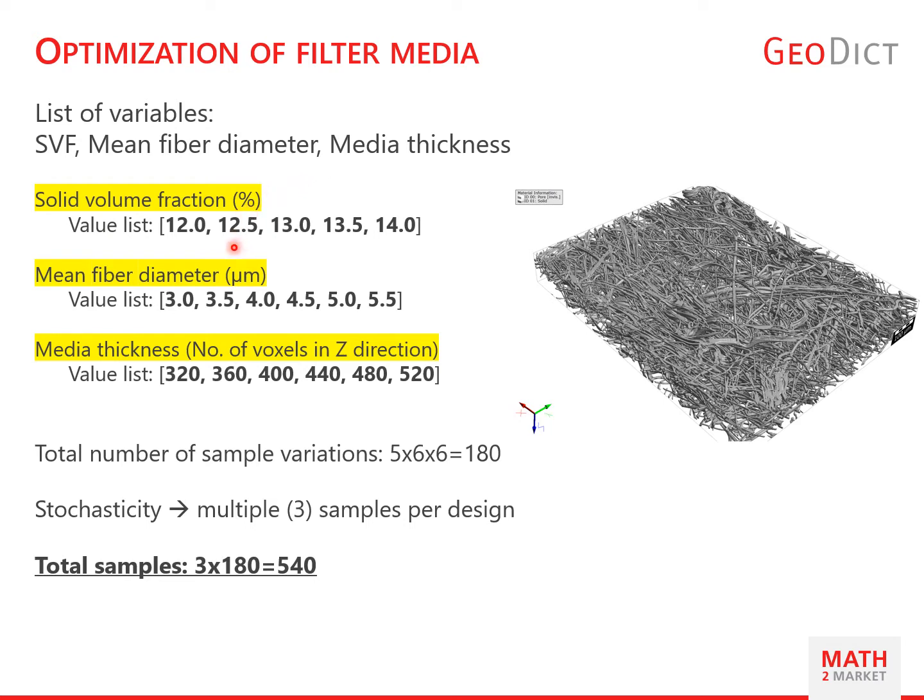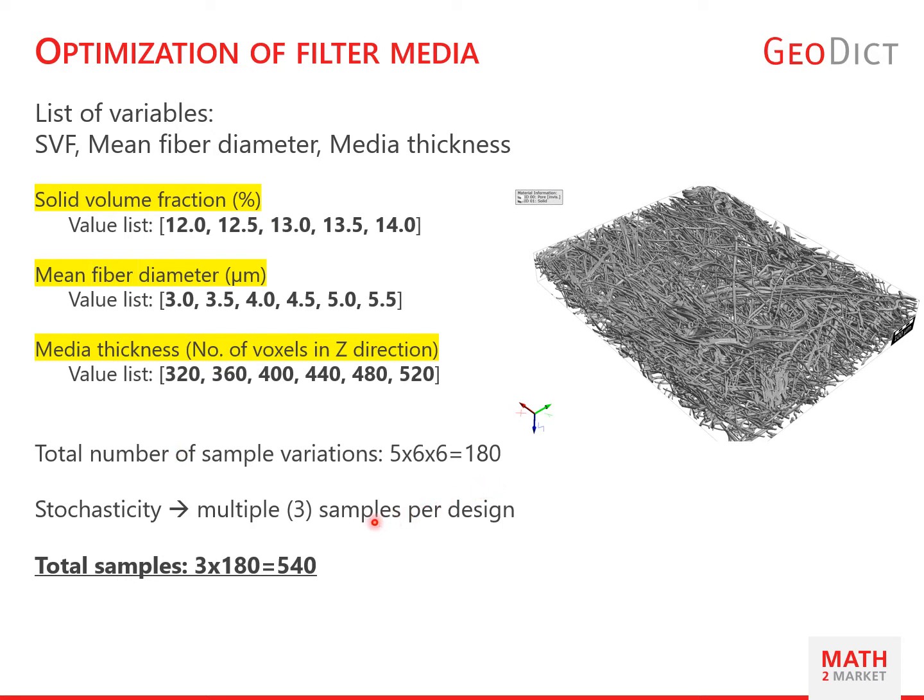And when we define list of variables, if you consider, let's say, 5 different solid volume fractions, 6 different mean fiber diameter sizes, and also 6 different media thickness variations, we come to a total number of sample variations of 180.